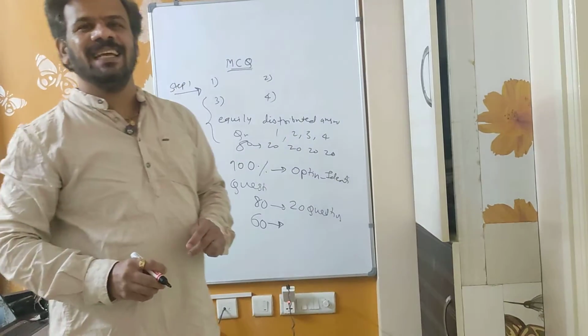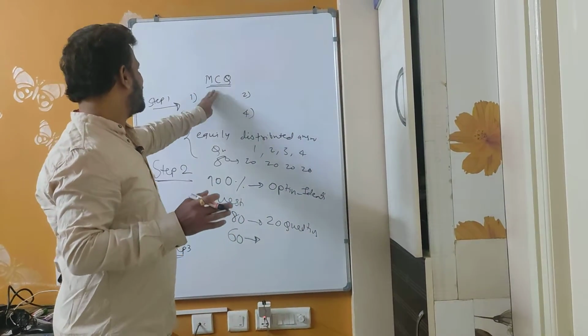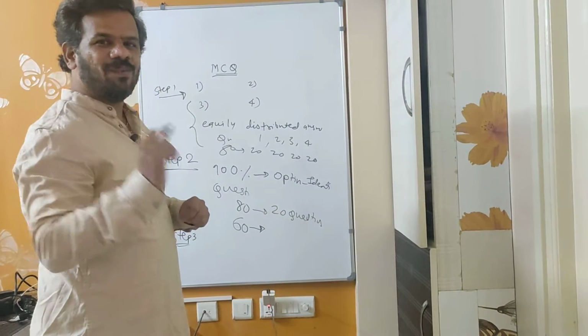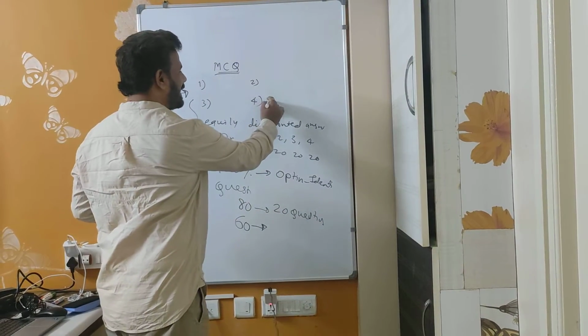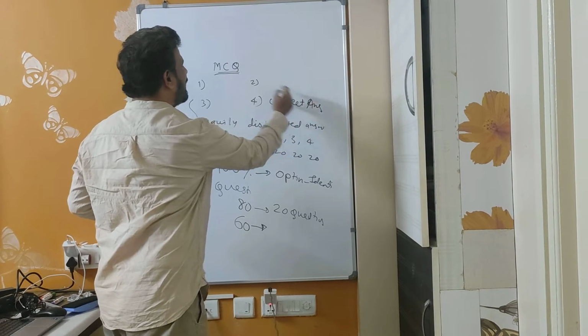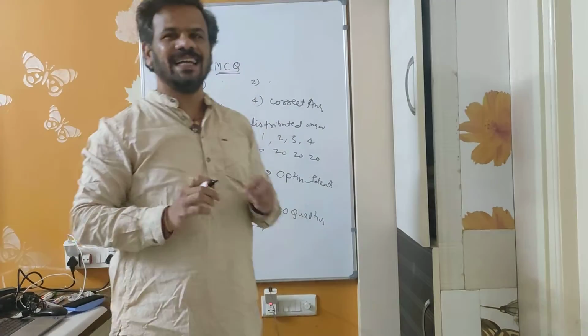Step number 3. You need to imagine and try to understand the 4 options given. One option will be the correct answer, and the remaining options are not correct answers.